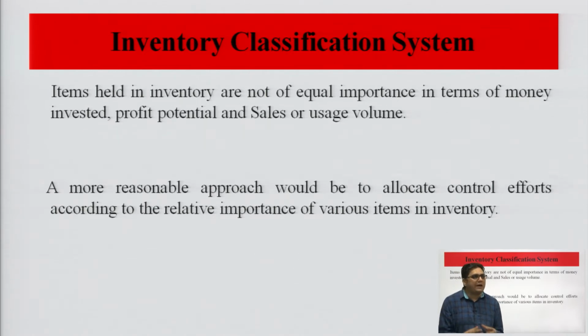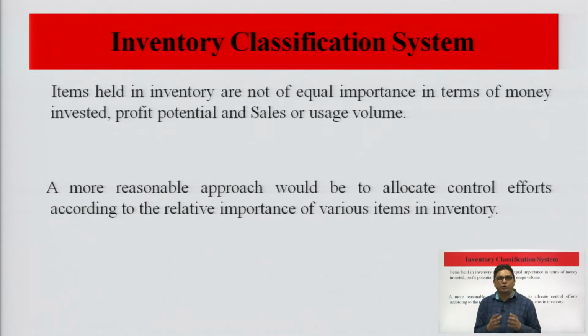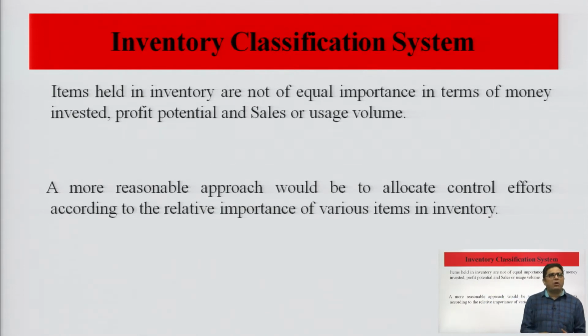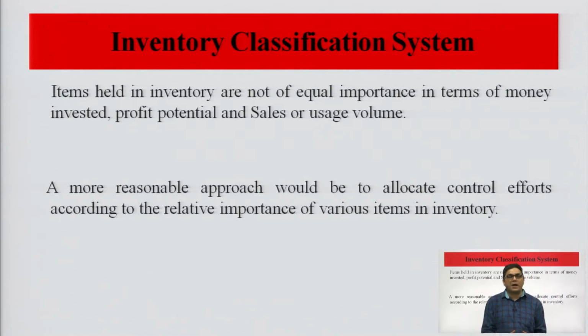How are these items or products contributing to the overall business of the organization? We can understand that all products are not the same in their importance in the organization. Every product has its own significance in the overall development of the business in the company. So, based on that we have to develop certain classification.